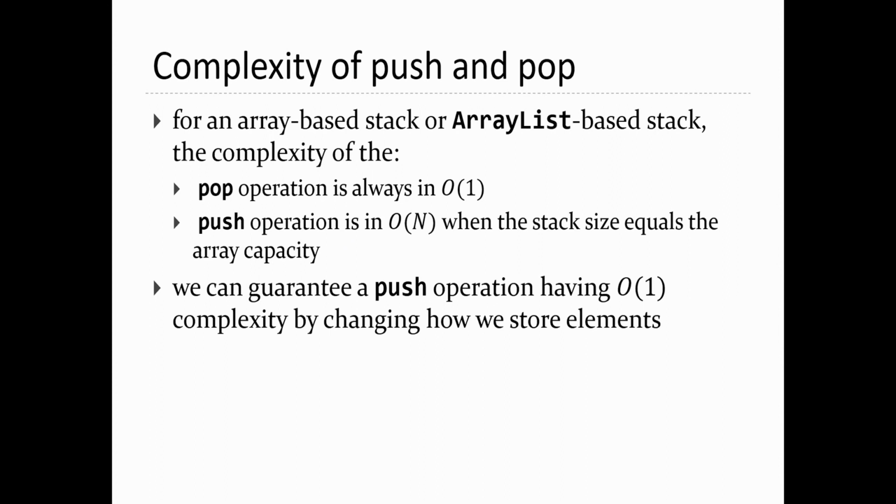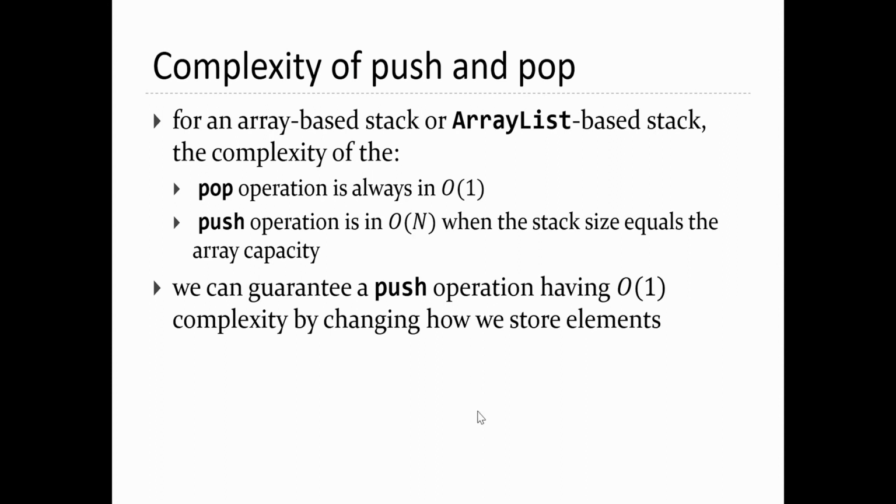In the array-based stack, sometimes when the array gets full, you have to expand the size of the array. An array list is just a list that has an array in it. Expanding the size of the array involves copying the n elements that are already in the array, so that takes big O n.